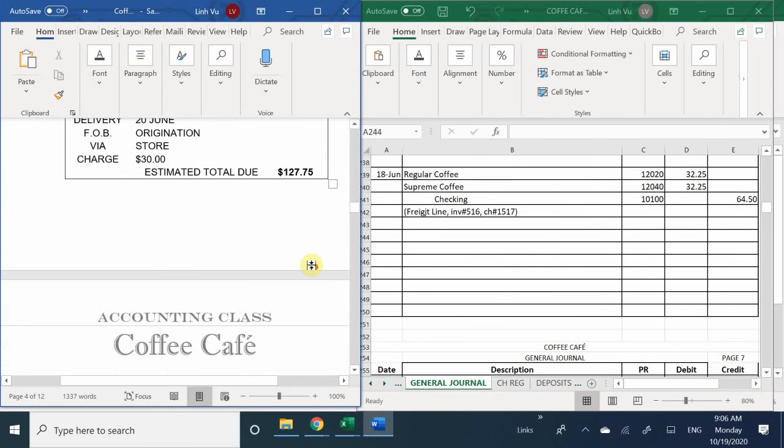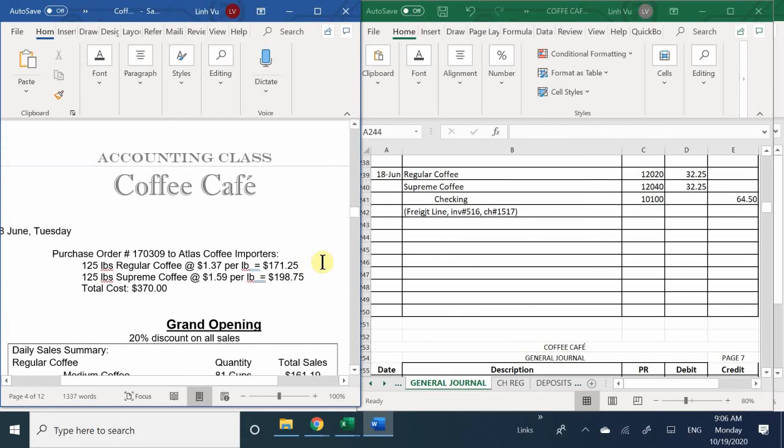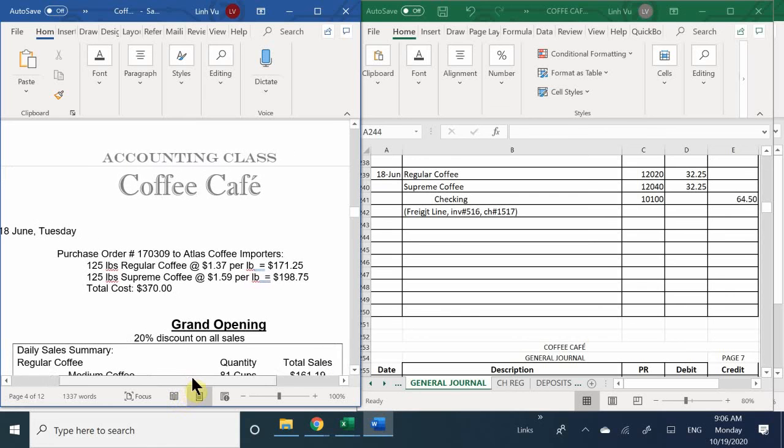So what has happened next? Here's a purchase order to Atlas Coffee Importers. Okay. So again, in the journal.